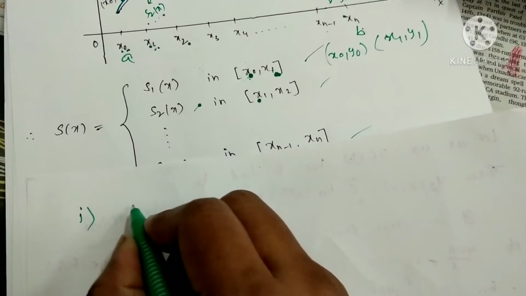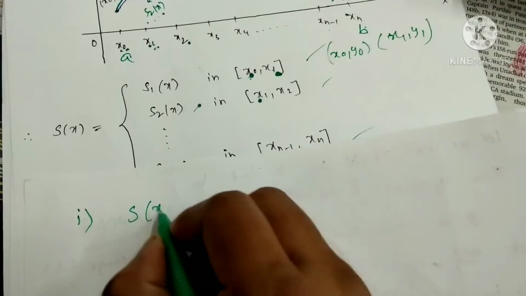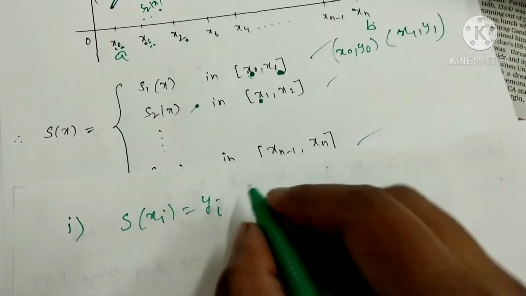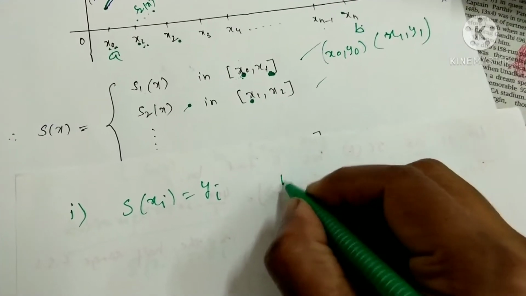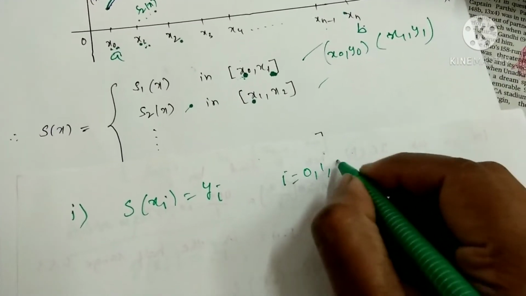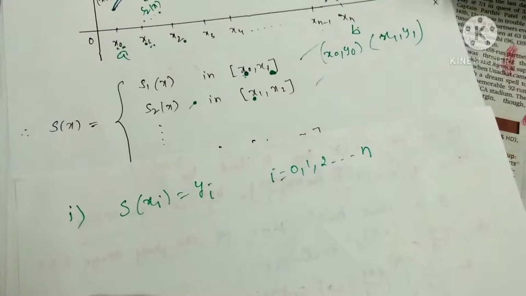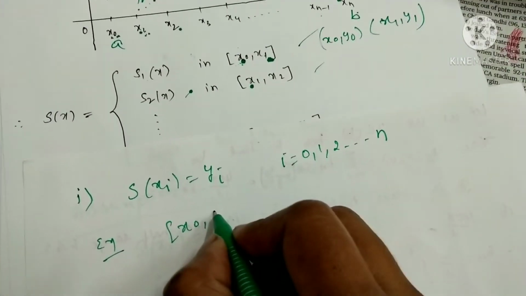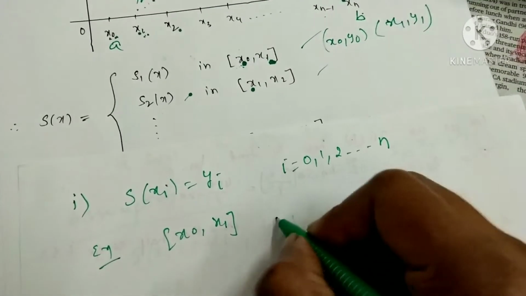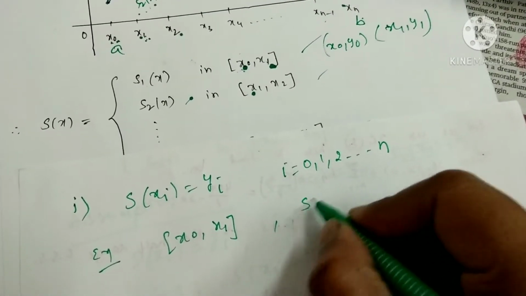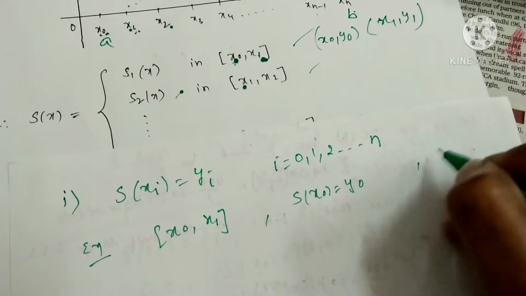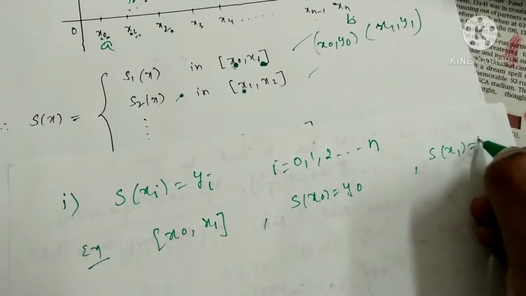First one, the spline must be passing through all data points. It means that s of xi must be equal to yi, where i takes values 0, 1, 2, 3 and so on, n. For example, if we take the first subinterval x0, x1, then our spline function must satisfy the condition that s of x0 equals y0, and s of x1 equals y1.